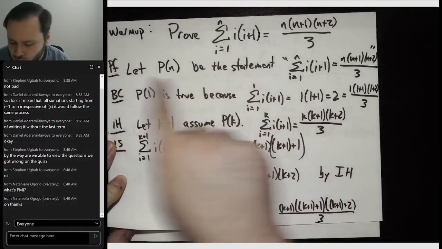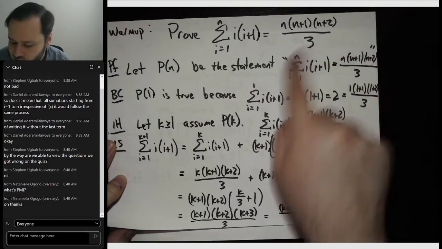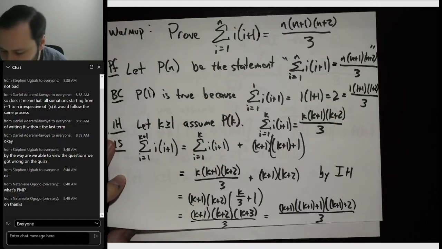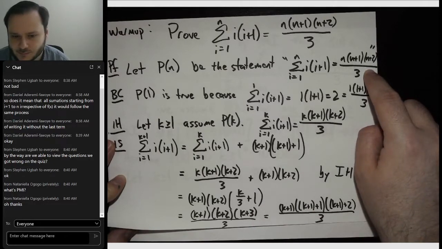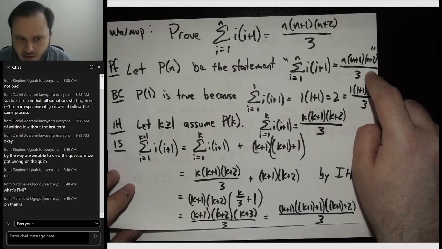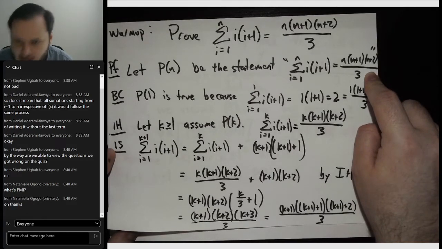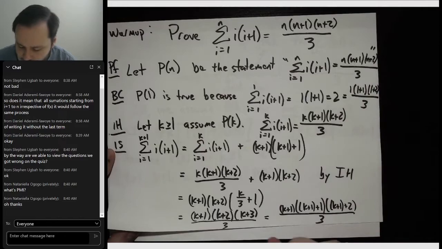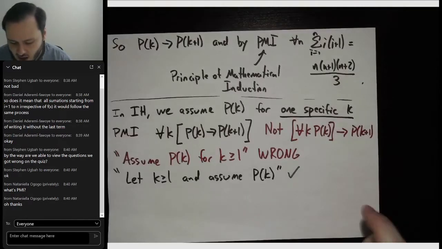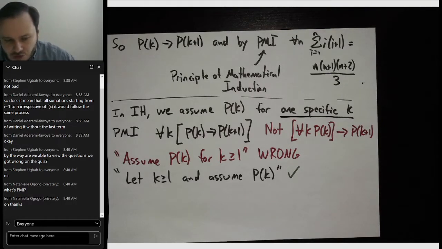If we just tried to prove P of n with no information, we would have to start with this sum and do some kind of analysis to get this final answer. We know our laws of logic. We'd have to use those to get to our answer. And that's hard. Our inductive step is trying to do the exact same thing with one additional piece of information, which is our inductive hypothesis. So, critically, second common mistake: make sure you're using your inductive hypothesis in your inductive step.